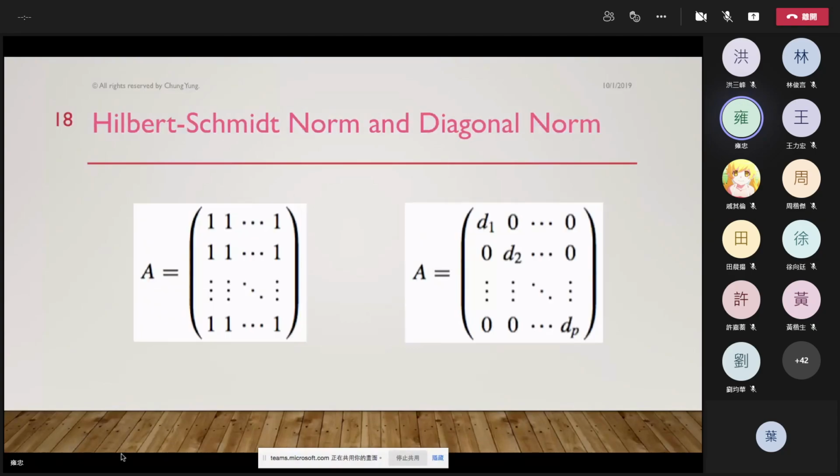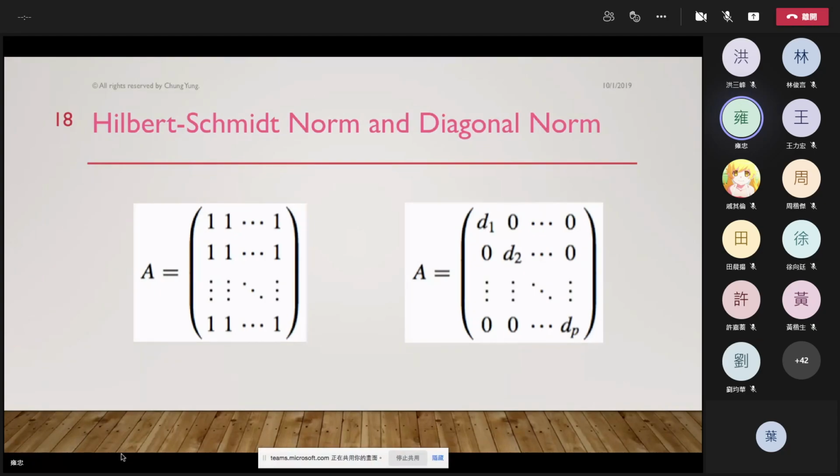Hilbert-Schmidt norm: all the numbers in the matrix are 1. And the diagonal norm is similar to the Euclidean norm, except that the numbers on the diagonal line might be other than 1.